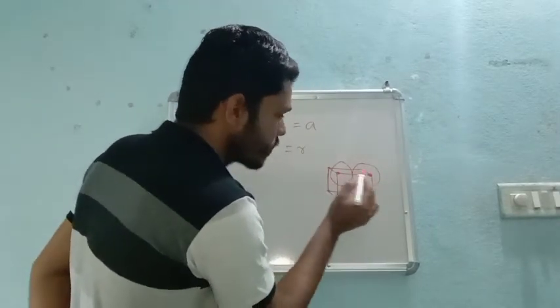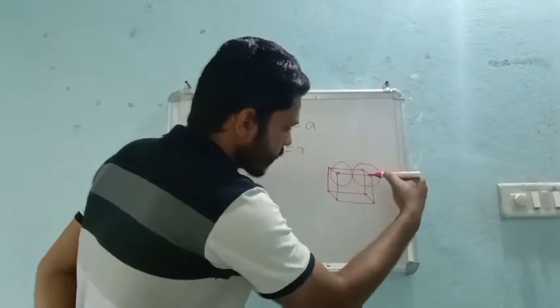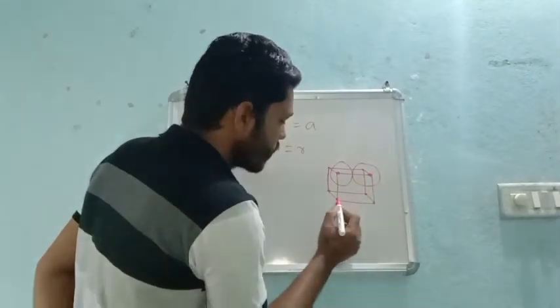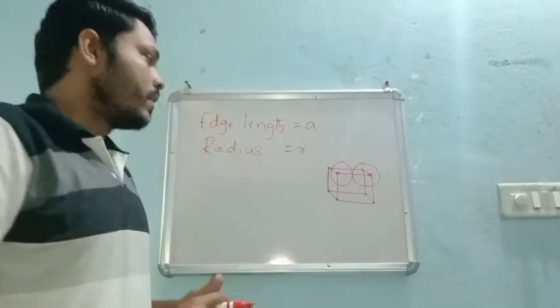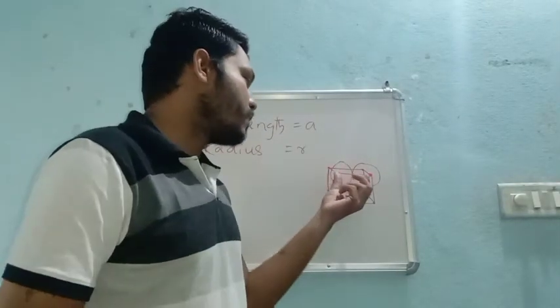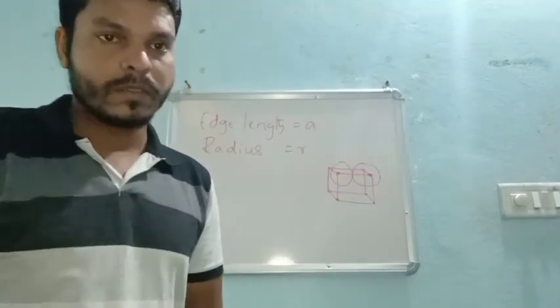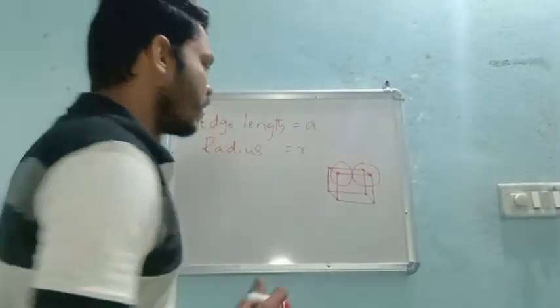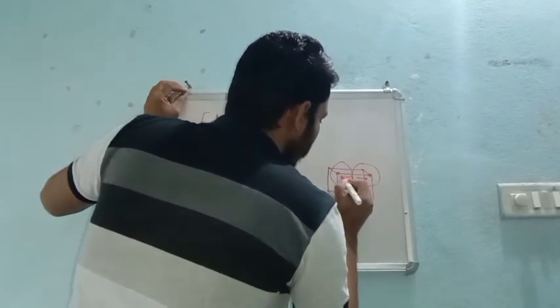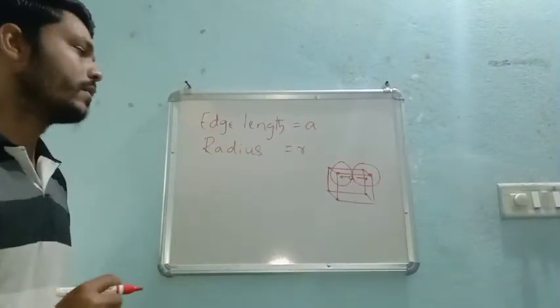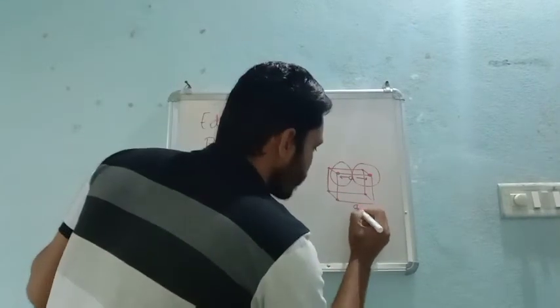You can consider these two corners, or else you can just consider these two corners, or these two corners, all are the same. That means the complete distance between any two corner atoms can be called edge length, and it is represented by the letter A, right? I mean, here you can see clearly.